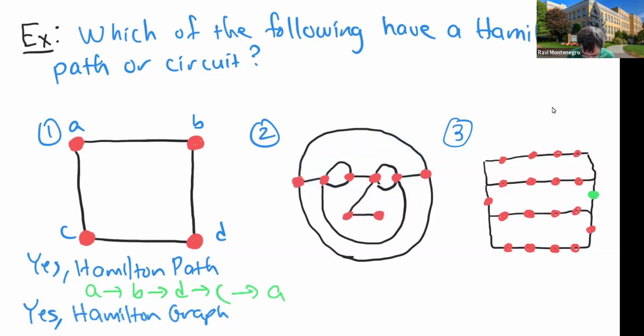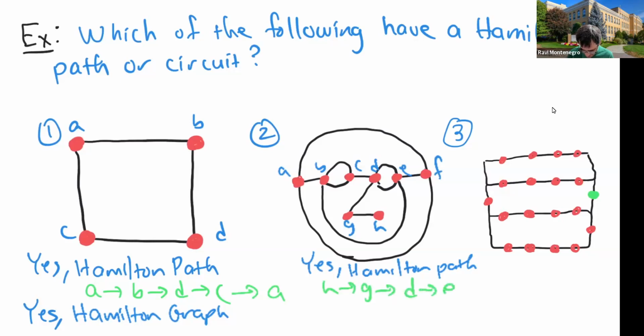So I'll label those A, B, C, D, E, F, G, H. And the Hamilton path that we found was, well, I started at H, H, G, D, E, F, and I circled back around to A, B, and C. And that gave me a way of visiting every vertex exactly once.